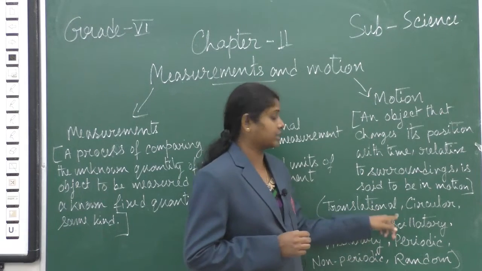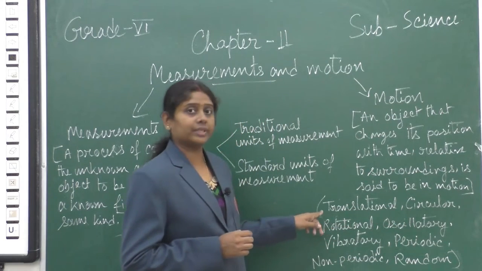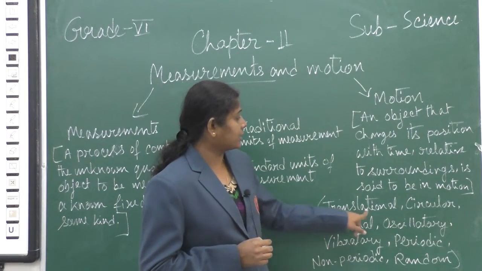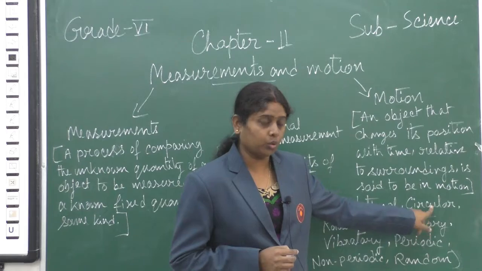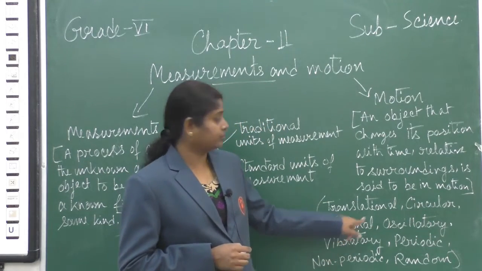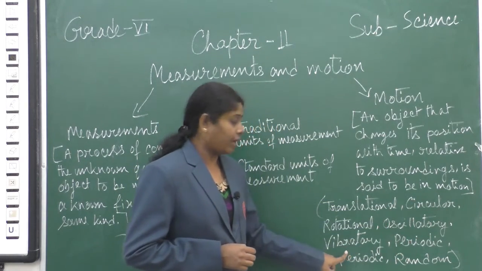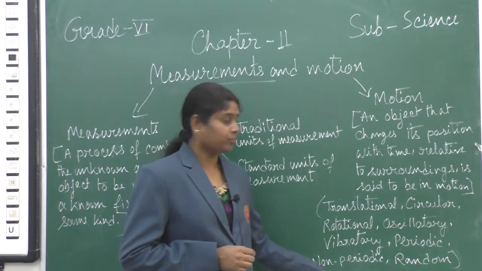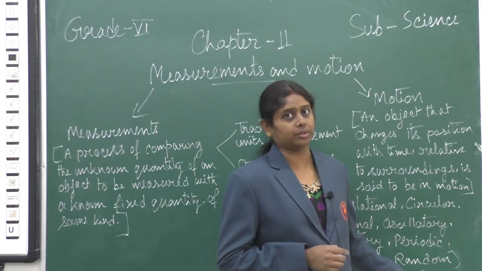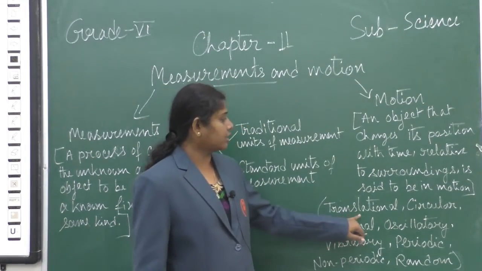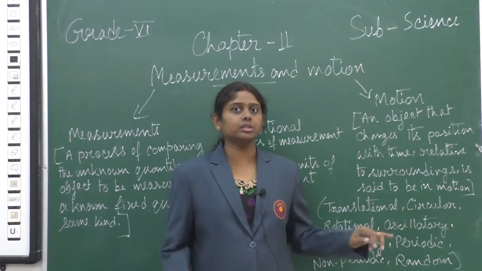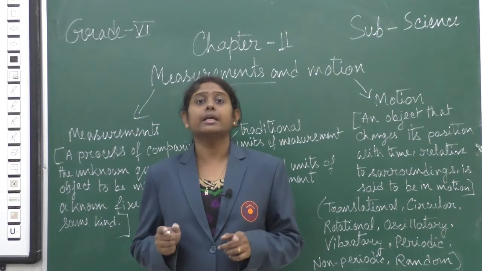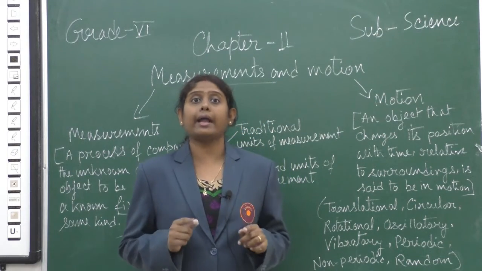Now types of motions. There are many types of motions we can see and we can categorize them such as translational motion, circular motion, rotational motion, oscillatory motion, vibratory motion, periodic motion and non-periodic motion, and last random motion. First is translational motion. In this motion, the object will move an equal distance in the same direction and time.